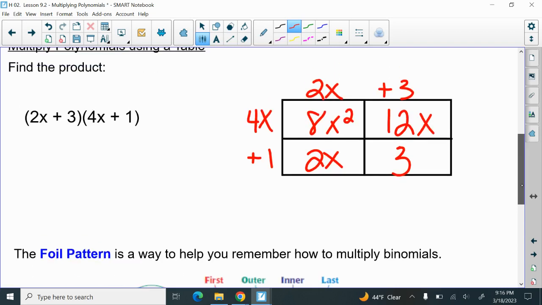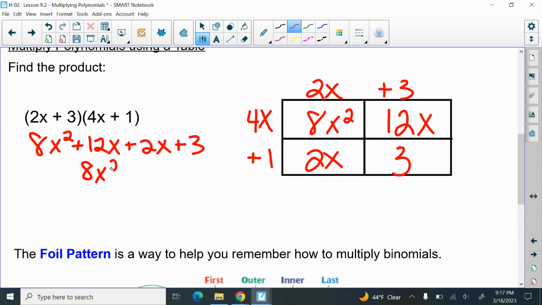So now I just multiplied those 2 binomials together, and I know I have 8x squared plus 12x plus 2x plus 3. And I can combine my 12x and my 2x because those are like terms.